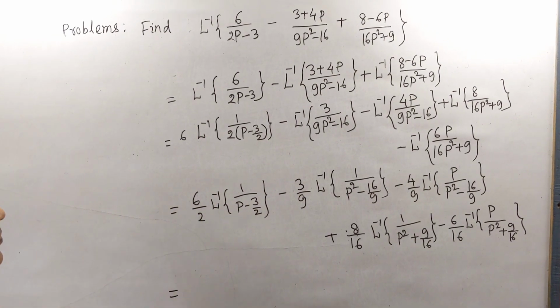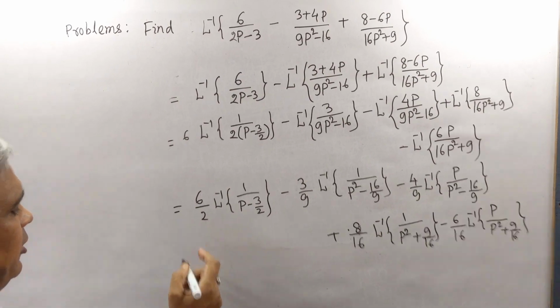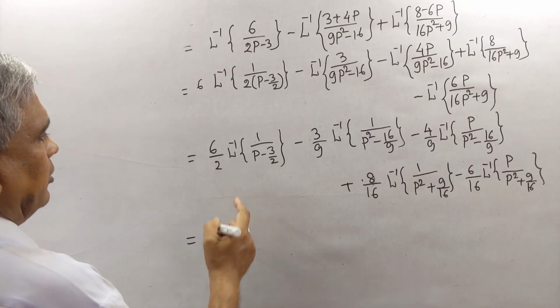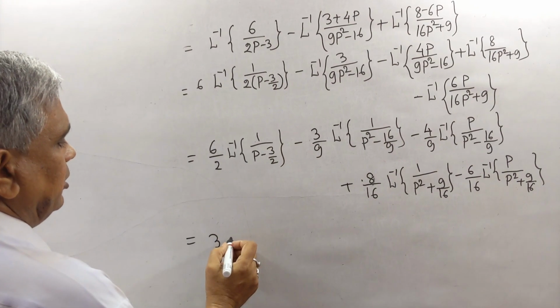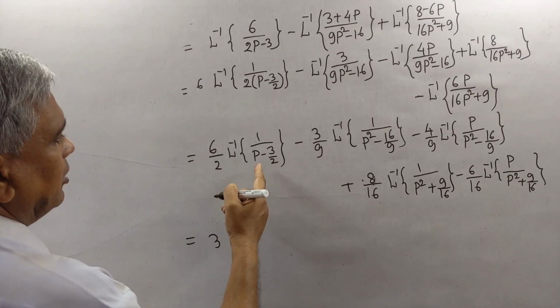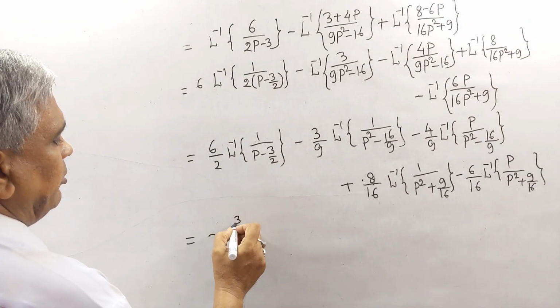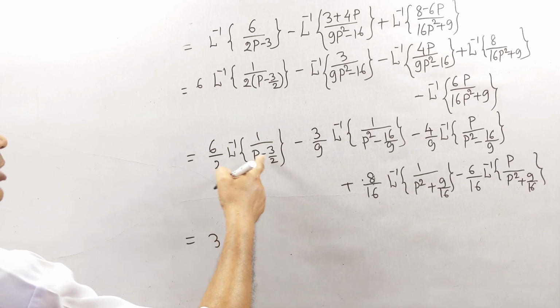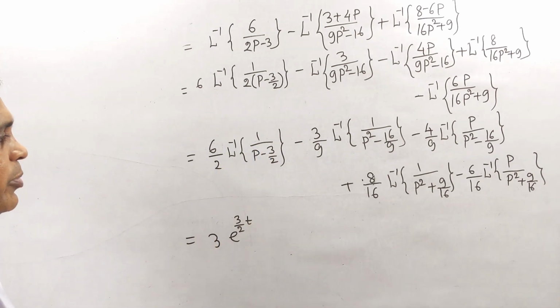This is equal to 6 by 2, 3. The value of this is e to the power 3 by 2t, since L inverse 1 by p minus a is e to the power at.